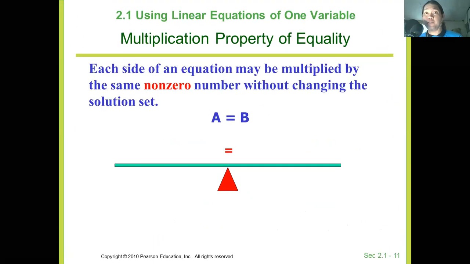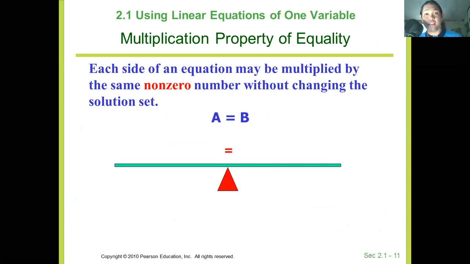Another property is the multiplication property of equality. The properties that I am introducing right now are used to solve linear equations in one variable. Each side of an equation may be multiplied by the same non-zero number without changing the solution set.